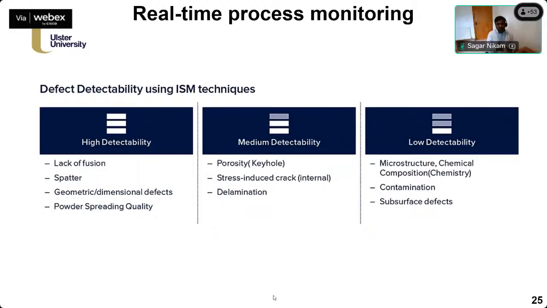But when it comes to porosity, keyhole, internal structures, or delamination, it has medium detectability. Medium in the sense that, for example, the X-ray synchrotron process, which is being used for detecting the defects within the component, has medium detectability.